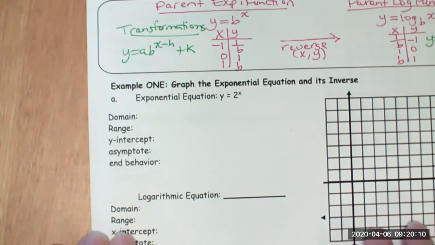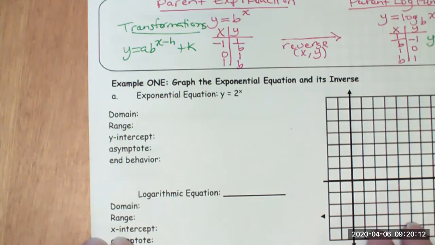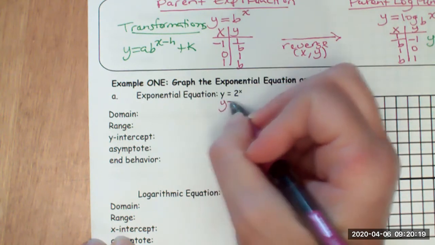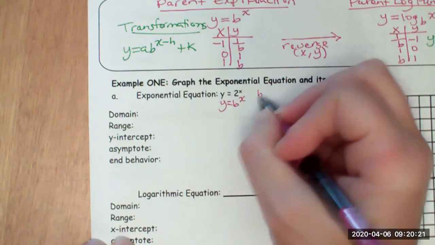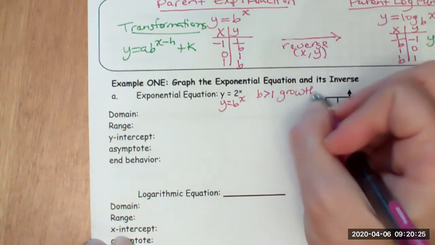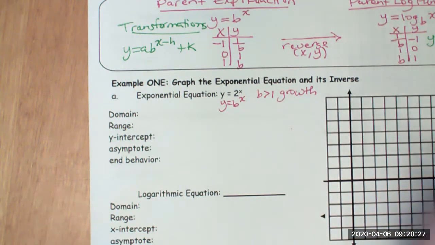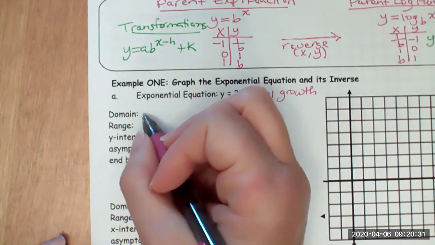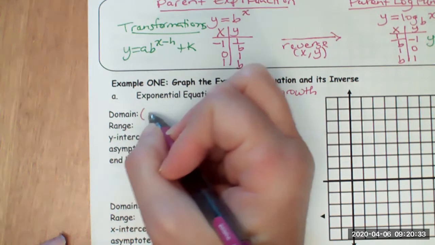All right, and we'll notice the exact same thing when we graph in other bases. Okay, so let's look at the exponential equation y equals 2 to the x. Okay, as you know, this is y equals b to the x, and because b here is greater than 1, we know that we're dealing with exponential growth. Okay, and you probably remember, and you'd be able to see this also when we graph it, that the domain is going to be all real numbers.